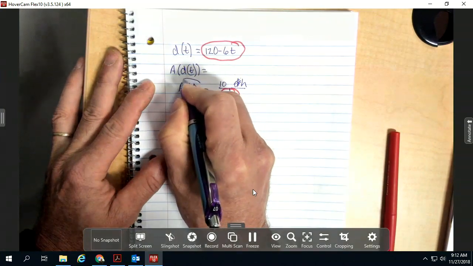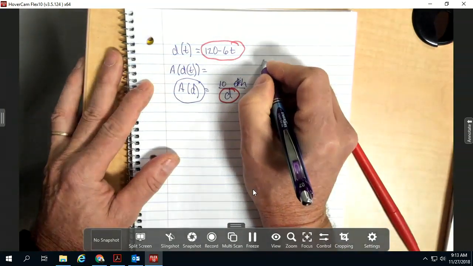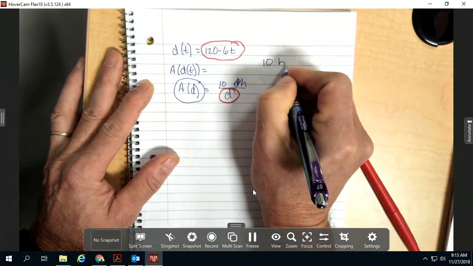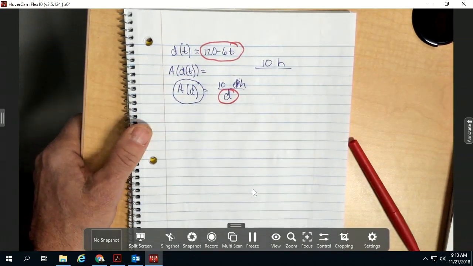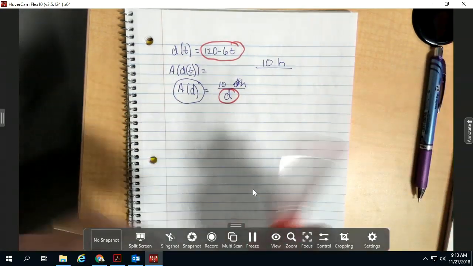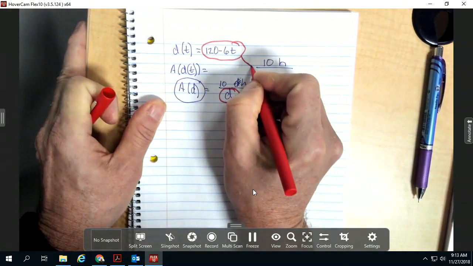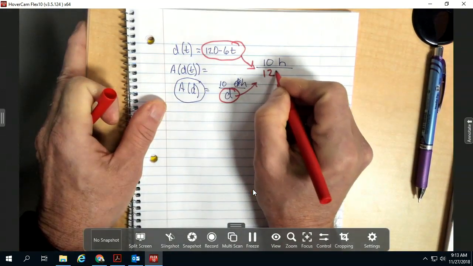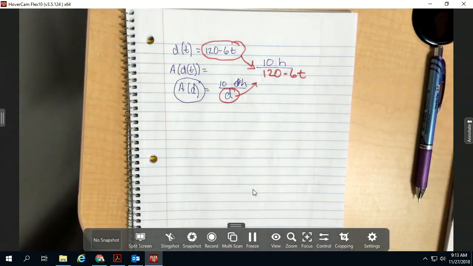So our base function is the outside part, 10h. Our d is the inside part. Instead of writing d here, we're going to write 120 minus 6t. Is that what you got? Does it make sense?